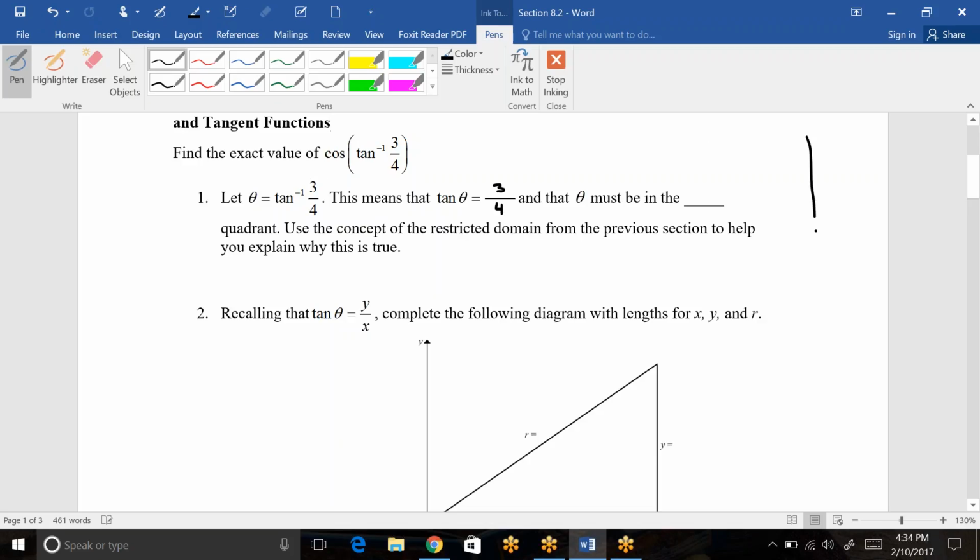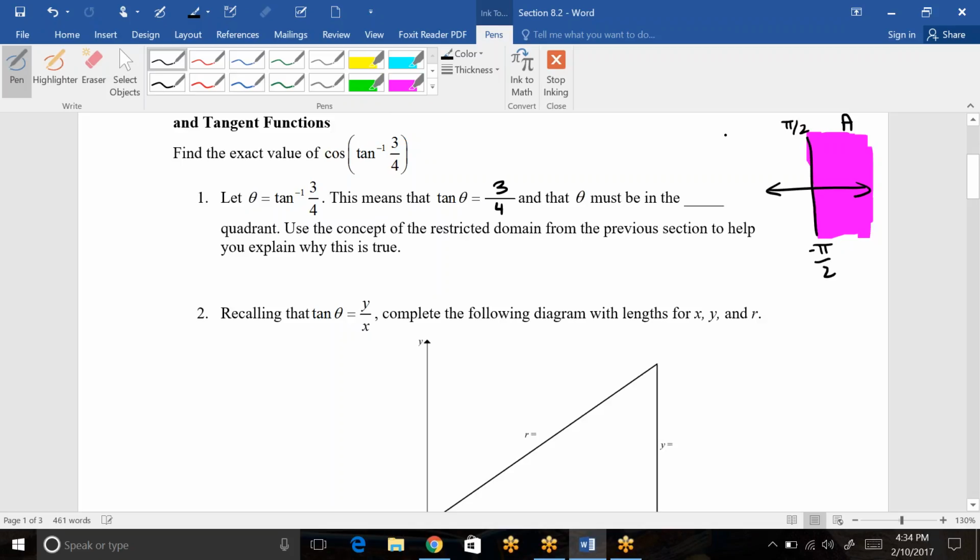Now let's remind ourselves what we learned about tangent last time. Tangent is in quadrants 1 and 4 when you talk about inverses. Those are our restricted domains, so negative pi over 2 to pi over 2. Then we also have to think, okay, this is 3/4, which is a positive value here.